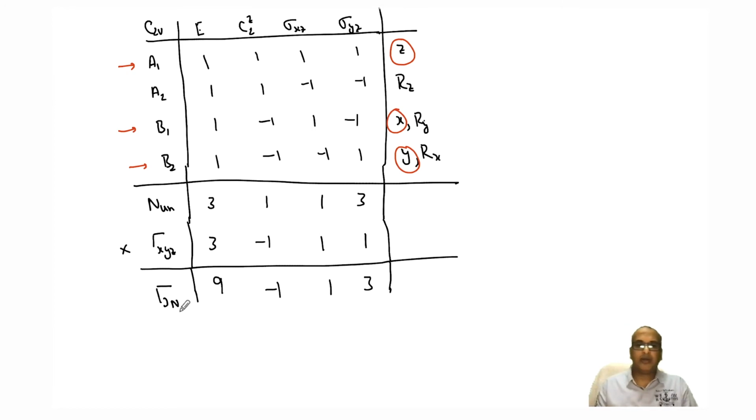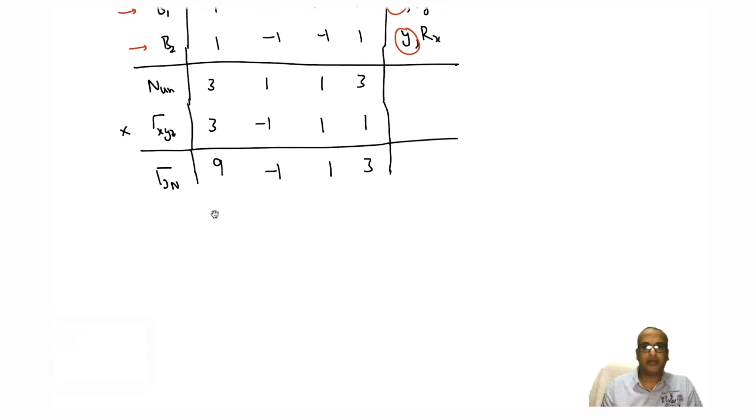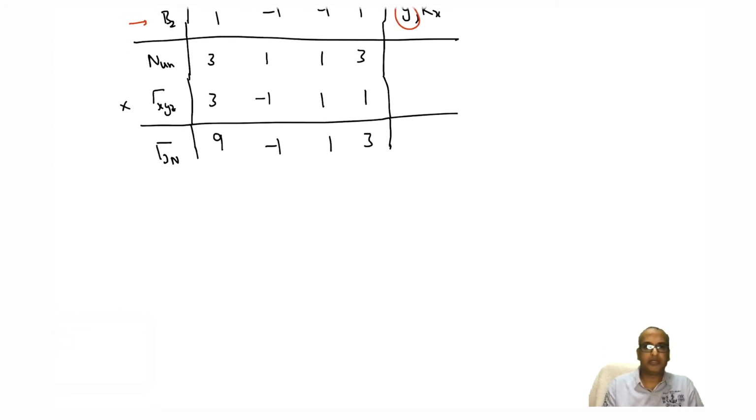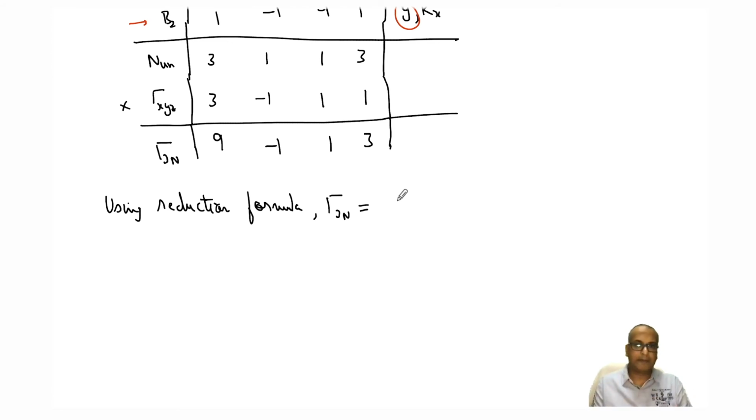Okay, so once you have obtained tau 3n, the next step is easy. The next step is just to reduce this using the reduction formula. You can write down tau 3n is equal to, I am just noting down the answer, 3A1 plus A2 plus 3B1 plus 2B2.